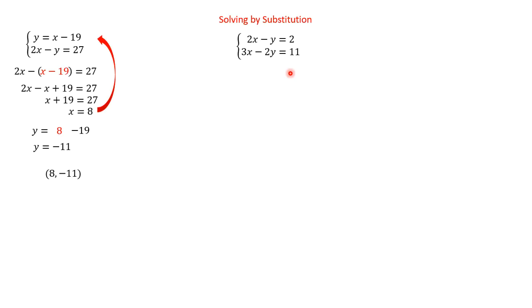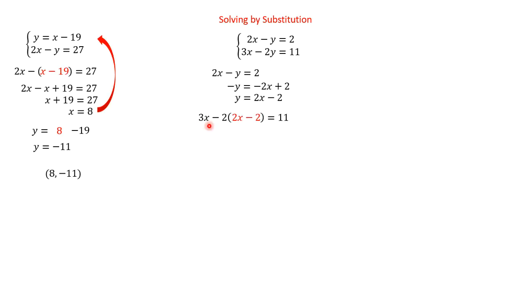So to solve for y, 2x minus y equals 2, we can subtract the 2x over, multiply by negative 1 to get y equals 2x minus 2. And then we can take that and plug it into the other equation. 3x minus 2 times y equals 11. y equals 2x minus 2.